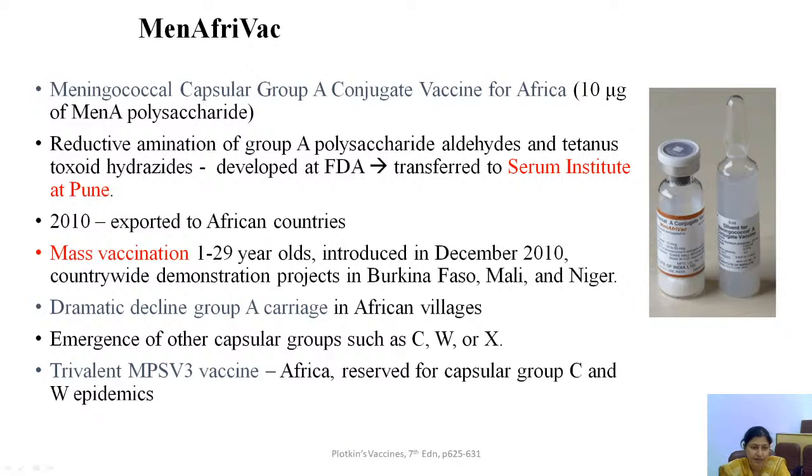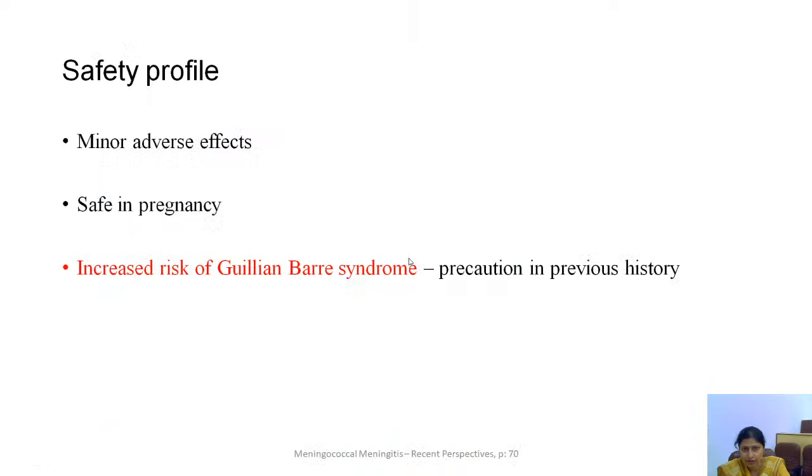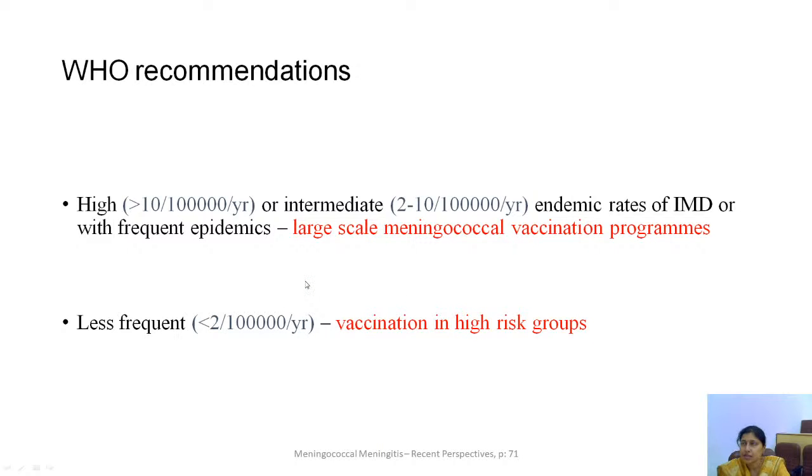That's why they have revised to the trivalent MPSV3, and they reserve it for capsular groups C and W for epidemics, whenever some disease happens by these serotypes. These are the licensed vaccines for meningococcus. They are usually safe, safe in pregnancy also, but sometimes they cause Guillain-Barré syndrome.